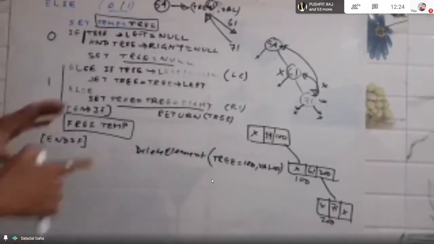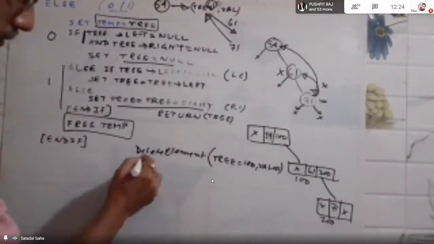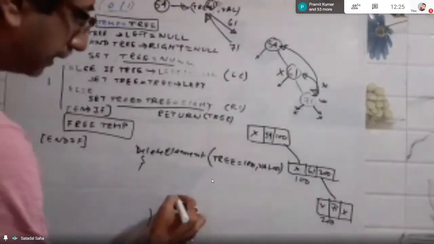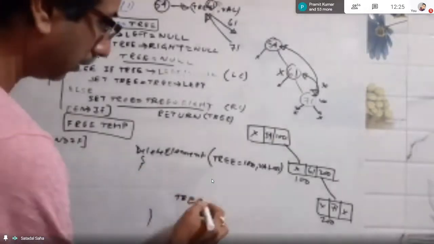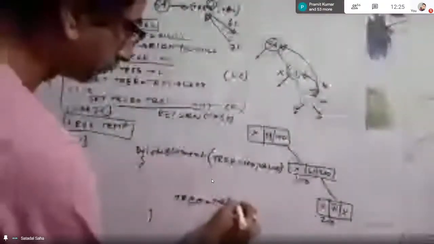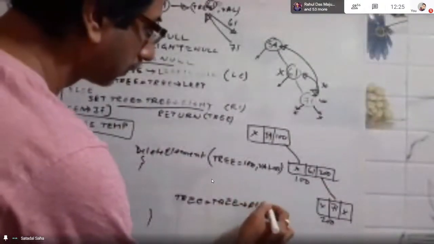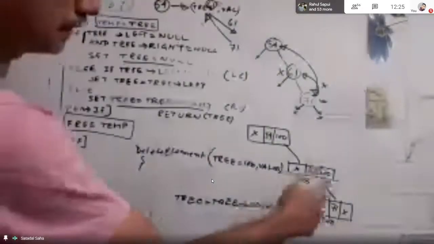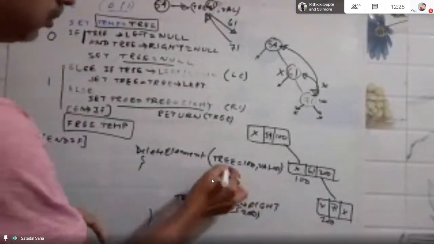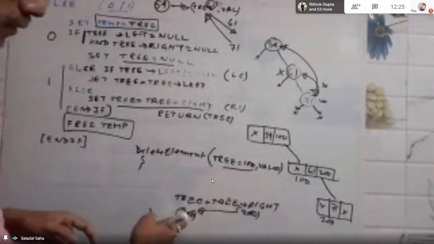Now within this algorithm we are replacing tree by tree right, which is 200, so that 100 is replaced by 200.